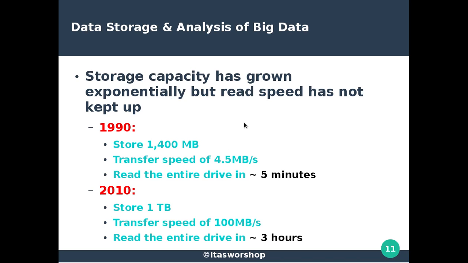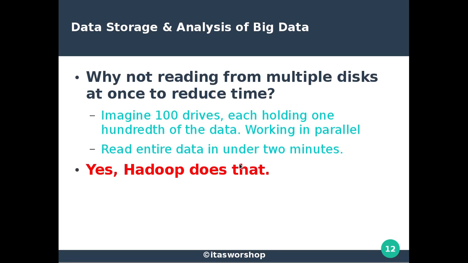So this is how we got big data, and obviously storage capacity is nice, but the read speed is not as good as we require. That's the current scenario. So there can be one solution for this: how to store your large amount of data and how to perform analysis on your big data.